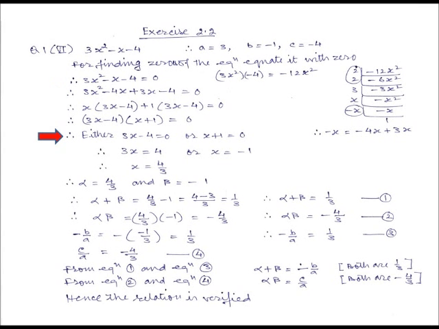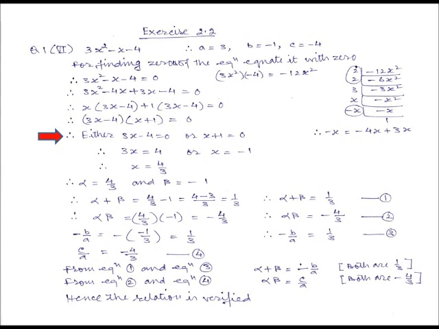Now, when the product of two numbers is equal to 0, either the first number should be 0 or the second number should be 0. Therefore, either 3x minus 4 is equal to 0 or x plus 1 is equal to 0. If 3x minus 4 is equal to 0, we get 3x is equal to 4. Therefore, x is equal to 4 upon 3. And if x plus 1 is equal to 0, we get x is equal to minus 1. Therefore, alpha is equal to 4 upon 3 and beta is equal to minus 1.